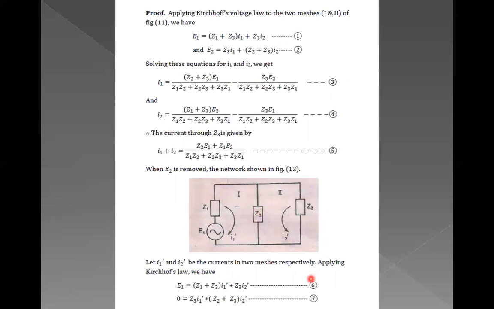If you rearrange, you can see in equations 6 and 7, E1 is equal to (Z1 plus Z3) into I1 dash plus Z3 into I2 dash. And the second equation is 0 equal to Z3 I1 dash plus (Z2 plus Z3) into I2 dash. So by rearranging, we get equations 6 and 7.